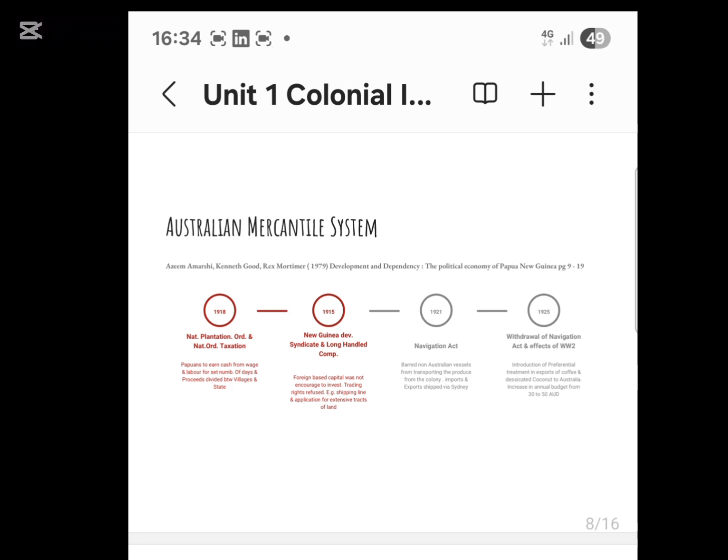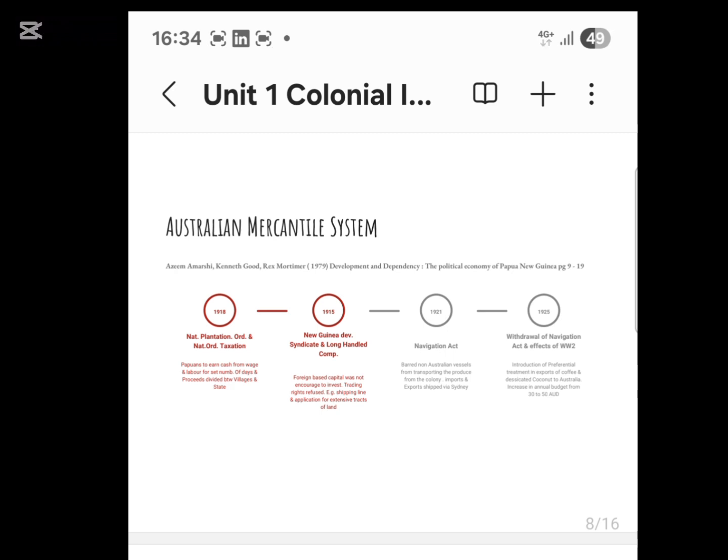During the time, there were certain multinational companies that were sponsored by the Australian government or the state of Australia, such as Steamships and Burns Philp. Now these companies were given special authority and privileges in engaging in the economic affairs within the region.